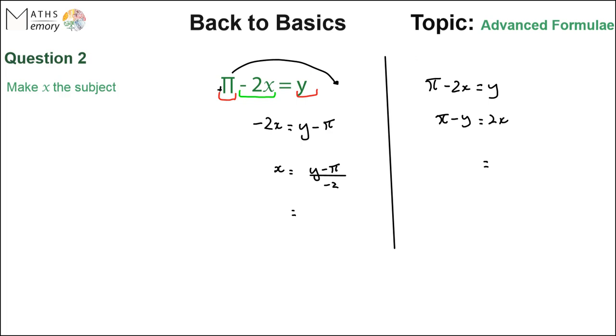I've simply put this x to the right hand side over here. So this minus 2x I've shifted to the right hand side. If you look at all of these over here. Okay, so that's gone over here like that. Therefore, we could say pi minus y all over 2 would give us the final answer over here.